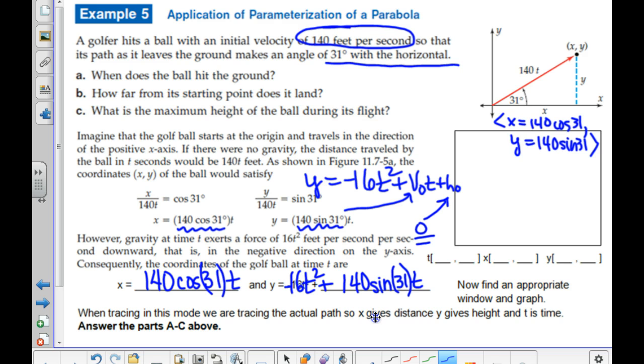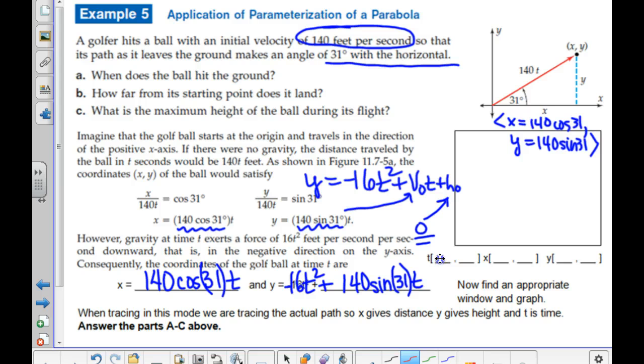All right. Before we try to type this in, we need 3 things to think about in terms of the x and the y, or in terms of graphing. T is time. When you hit a golf ball, how many seconds till it hits the ground?